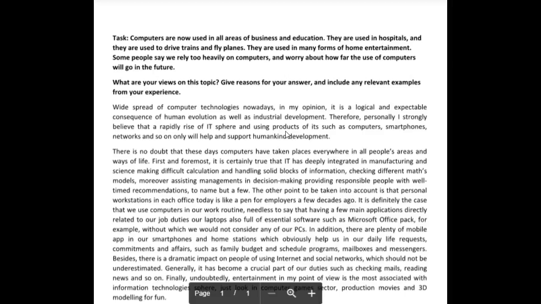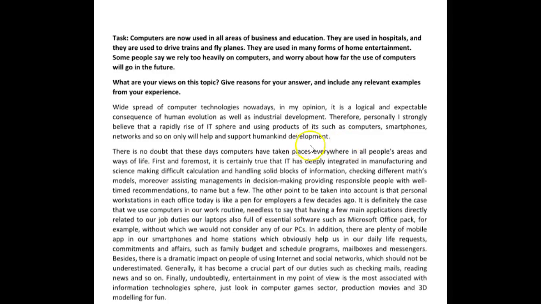Okay. There is no doubt that these days computers have taken places everywhere in all people's areas and ways of life. All right, again, there is some awkwardness here, which reduces the communicative effect of your essay. So let's say instead, there is no doubt that these days computers have kind of taken hold everywhere, or computers exist everywhere, something.